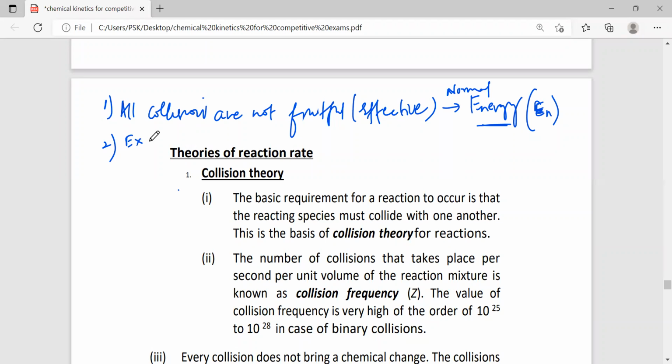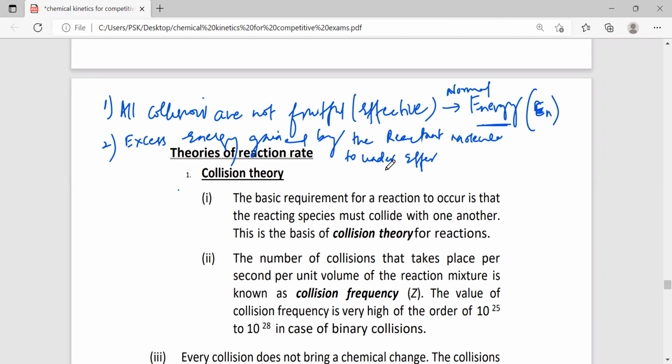The excess energy gained by the reactant molecules to undergo effective collision is called activation energy. This activation energy is represented as EA, capital E and small letter A.